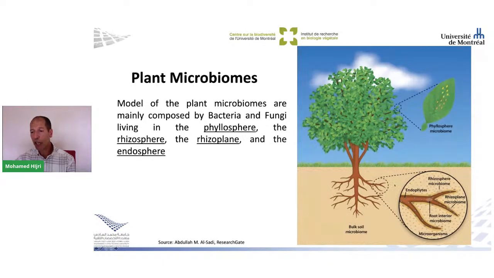We can find the rhizosphere microbiome. How do we define a rhizosphere? Typically, it's soil that is influenced by root exudates, so it's soil somehow surrounding the roots. Then we can go to the rhizoplane. It's really a very thin interface between the root surface and soil.